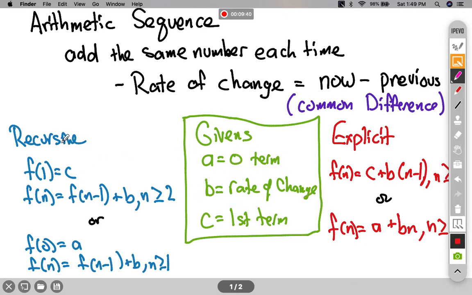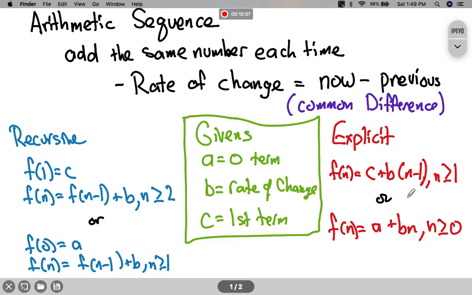So when we do recursive, it looks pretty much exactly the same, whether I start with the first term, C, or I start with the 0 term, A. I just give you what number I'm starting with, and then to find the next number, I take the previous number, or the last number, and I add my rate of change to it. Only difference is how I'm numbering them.